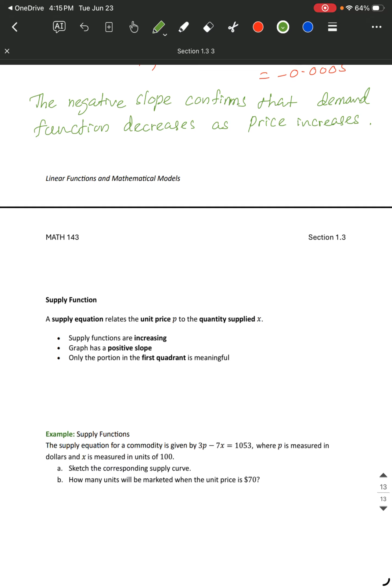Right? So as prices rise, producers are willing to supply more products.